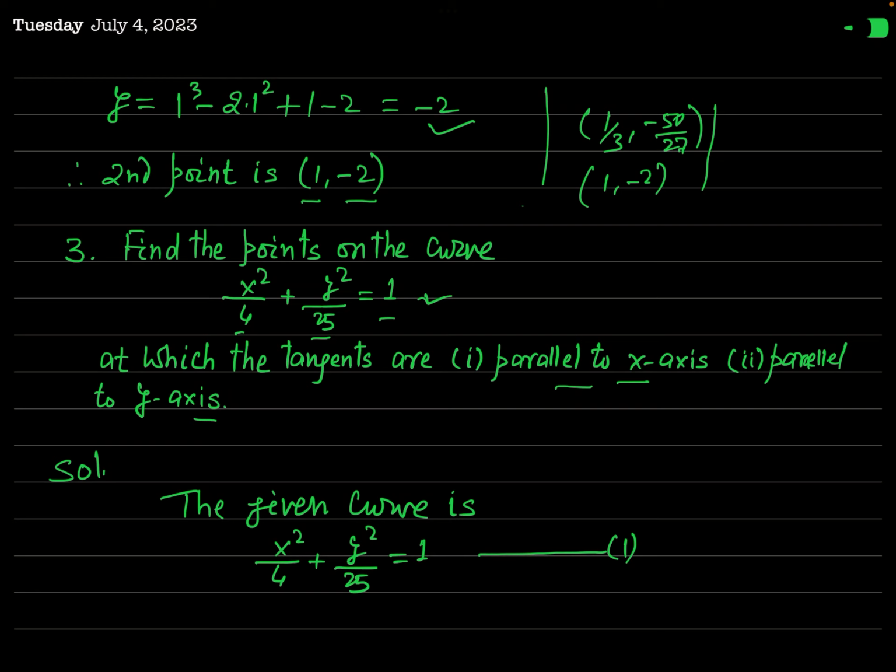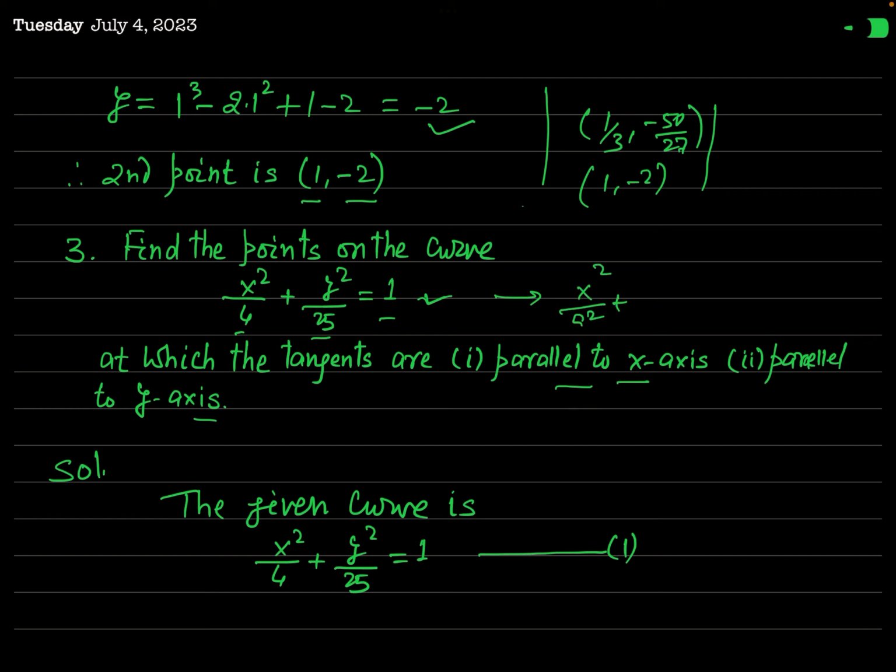Now this question can be solved very quickly by a simple method, not by the method which we have learned. You can see this given equation is the equation of an ellipse. Definitely you have an idea of the equation of an ellipse.